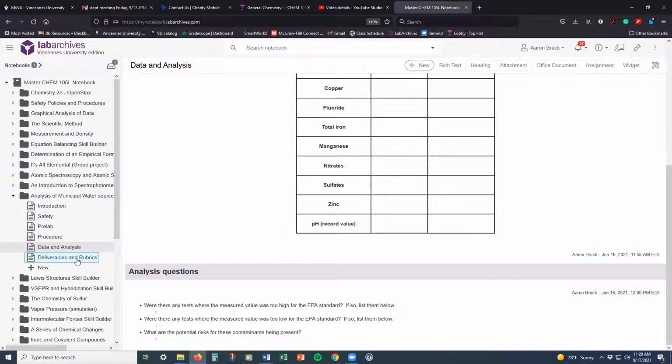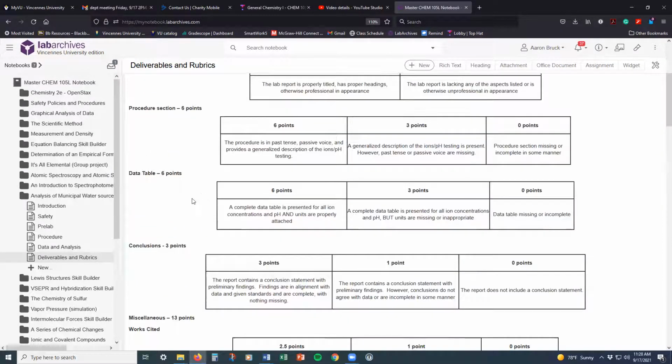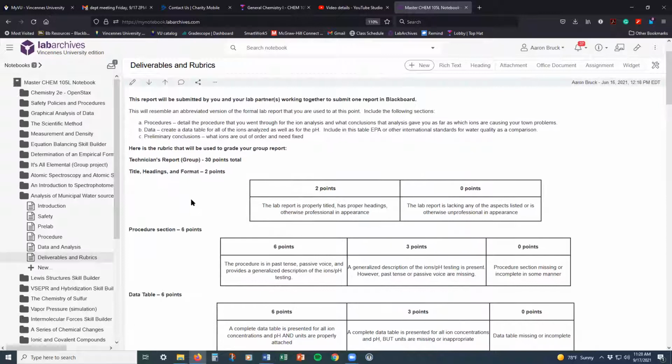As far as deliverables are concerned, there are going to be 2 things that you submit. So the procedure itself is going to be done with you and a partner. And so you and your partner together can submit this one report in Blackboard. And what we're looking for here, this is a 30-point assignment. What we're looking for here are just some general things, a general procedure.